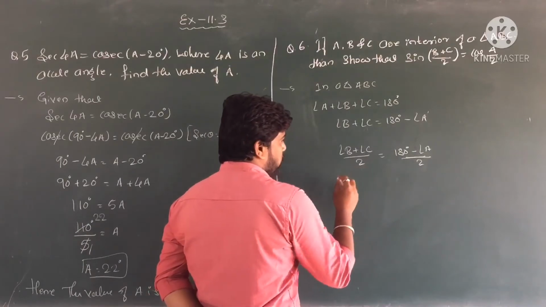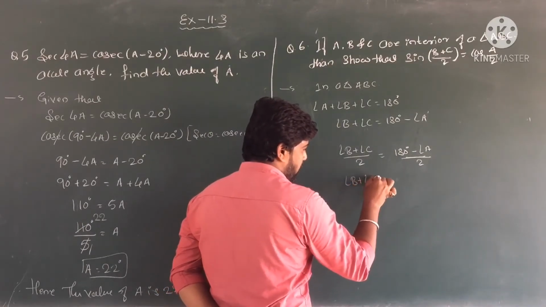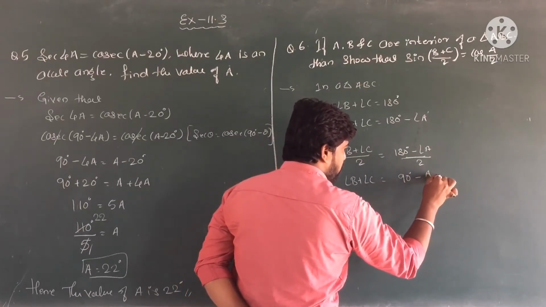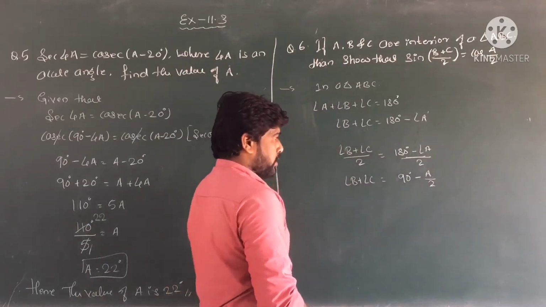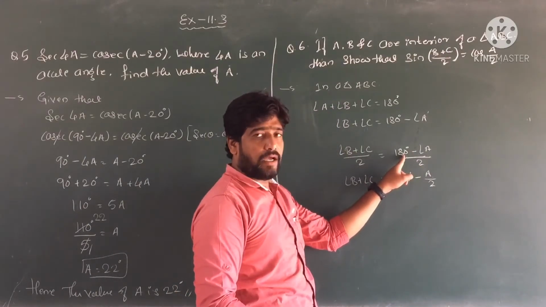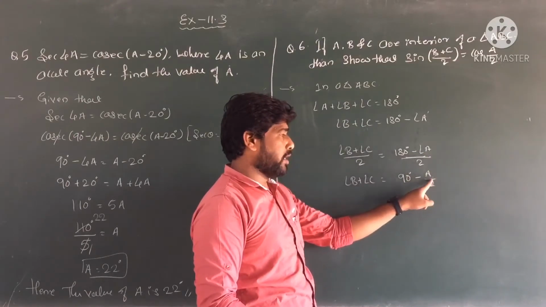So now you can write angle B plus angle C divided by 2 is equal to 90 minus A by 2. So 2 ones are 2, 2 nines are 18, 180. Right? 90 minus A by 2.